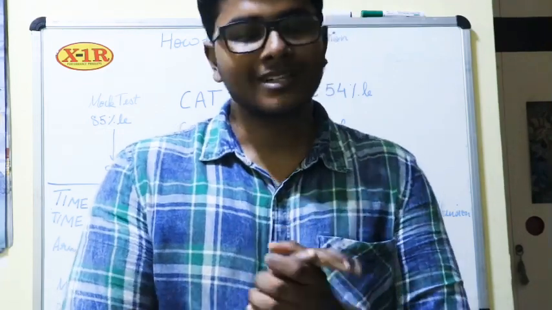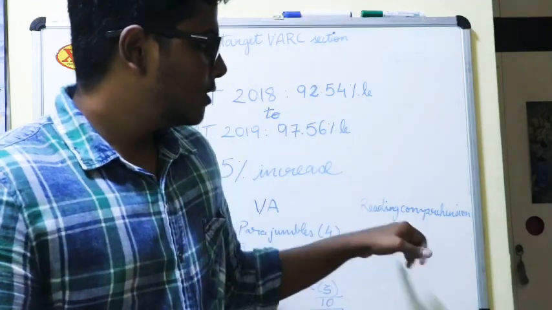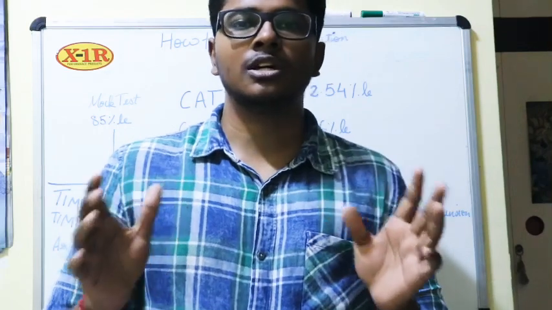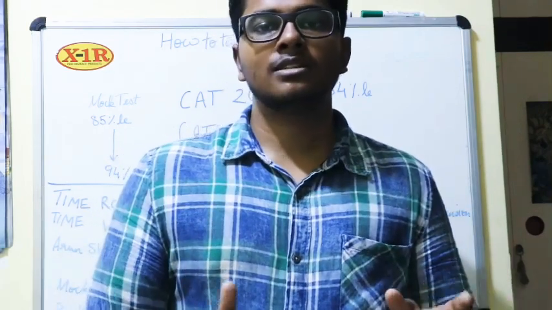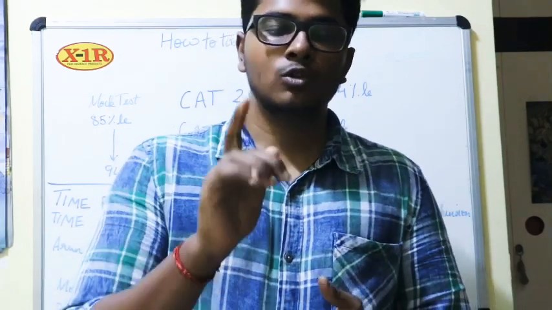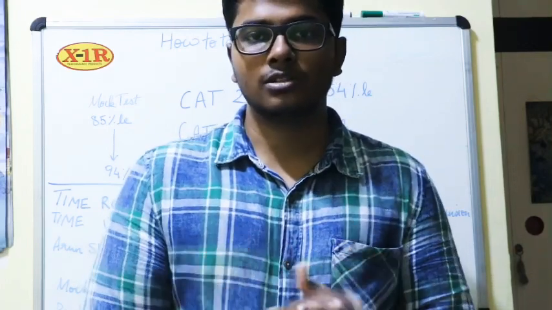So this is a tested method, and many people I have spoken to also say that reading regularly helped them a lot in reading comprehension. There are 24 questions, and that is a huge chunk of marks in this VARC section. So if you want to improve reading comprehension, please read editorials, right?